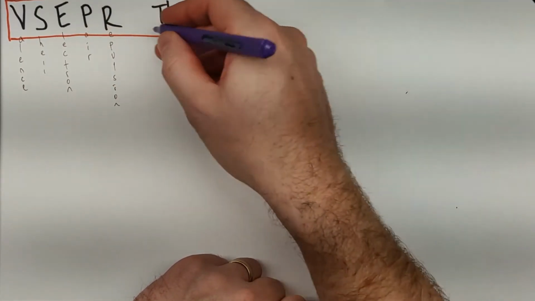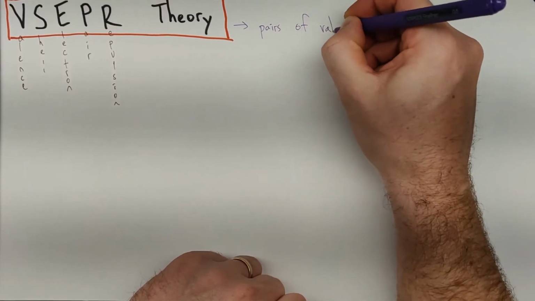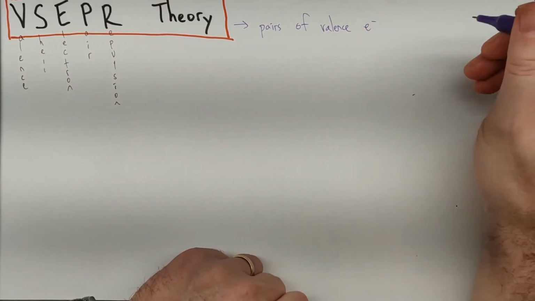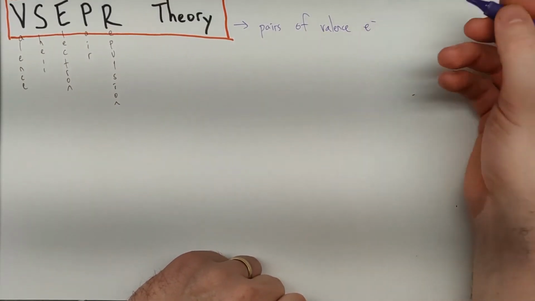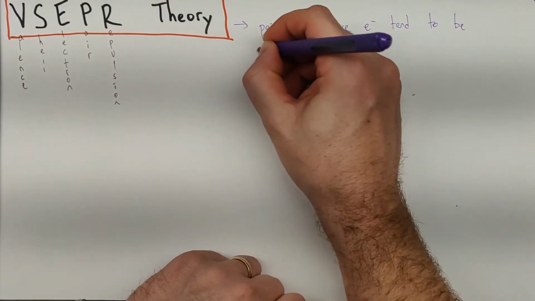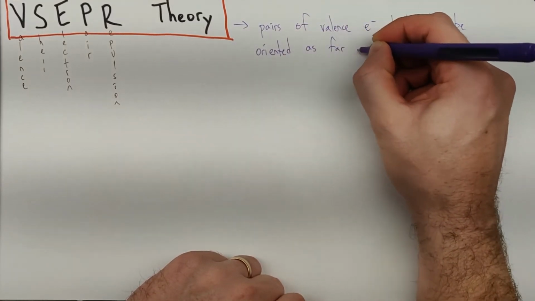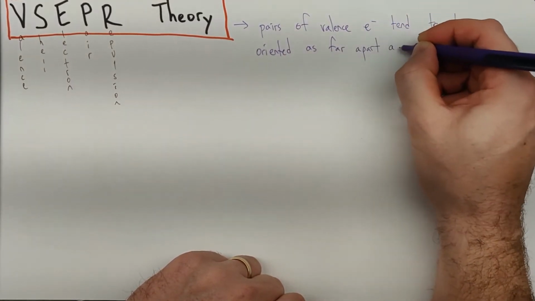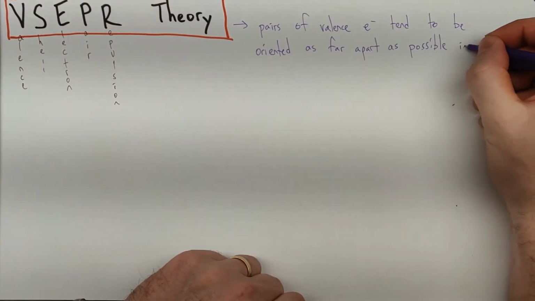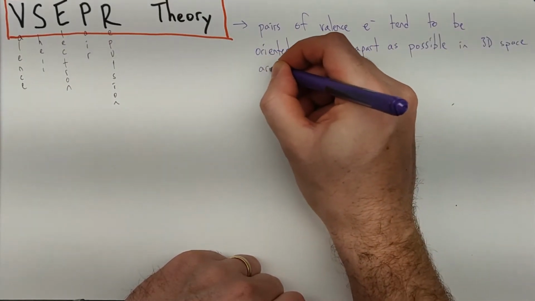So VSEPR theory: pairs of valence electrons tend to be oriented as far apart as possible in 3-dimensional space around a central atom.